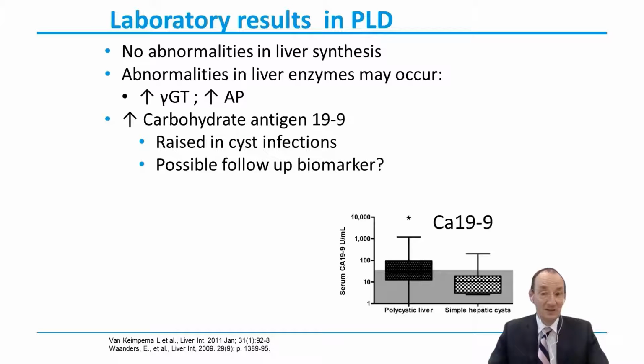We've seen that it can be raised in patients with cyst infection, and that brings up the question whether it's a follow-up as a biomarker for cyst infection. CA 19.9 is in particular elevated in cyst fluid compared to serum levels.